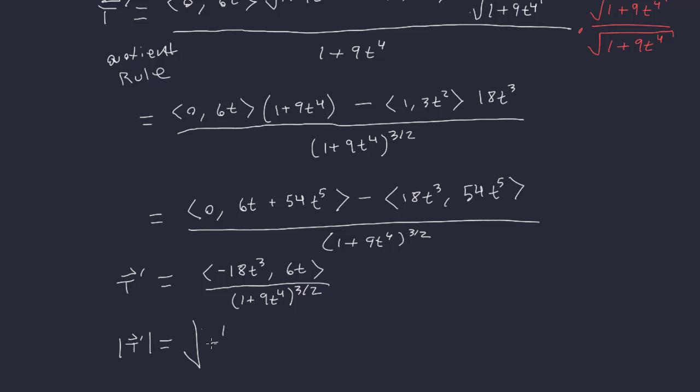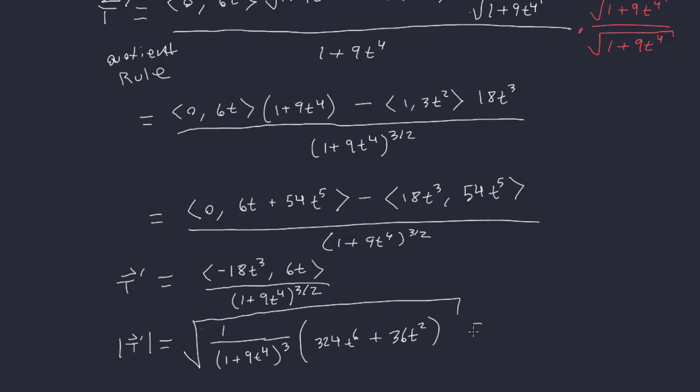So I could say it's 1 over 1 plus 9 times t to the fourth, then the 3/2 power squared is just going to be cubed. Okay, then it'll be negative 18t cubed squared, so 18 squared is 324. T cubed squared is t to the sixth, then it'll be plus 36t squared.